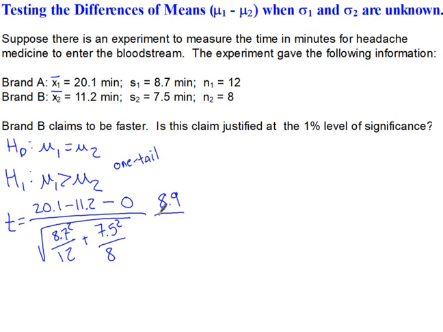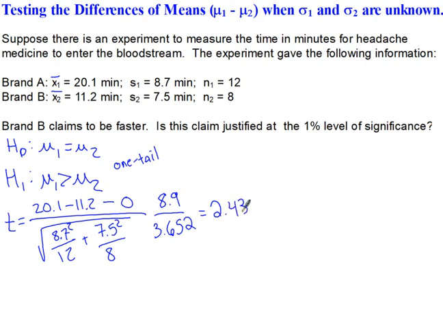And again, for the denominator, I'm going to take the fractions individually, get those two individual decimals, and once I have those, I'm going to add those two together. Okay, take the square root of that number, and we've got 3.652. Divide that out, and I get a t-score of 2.43.